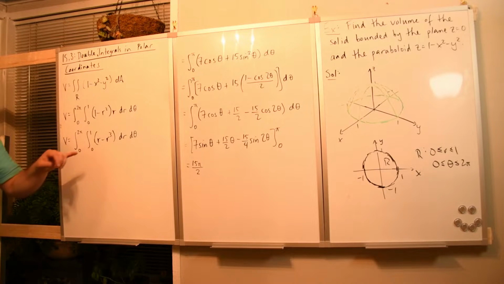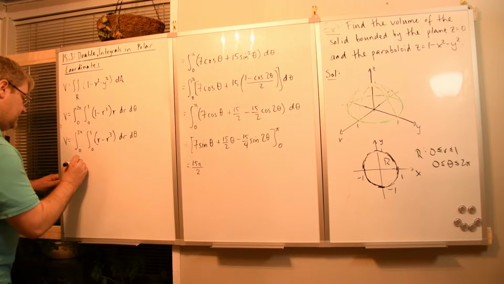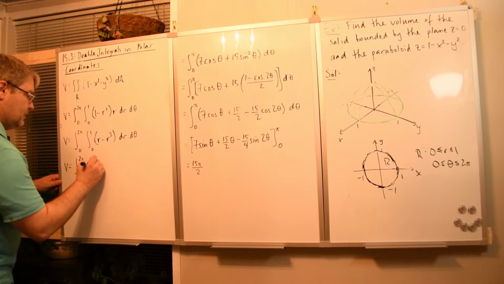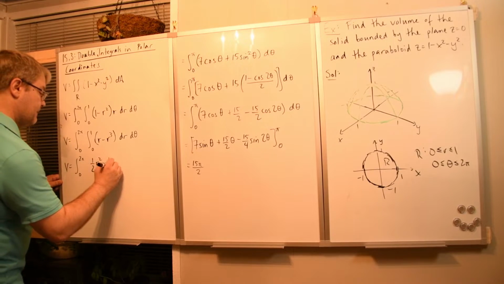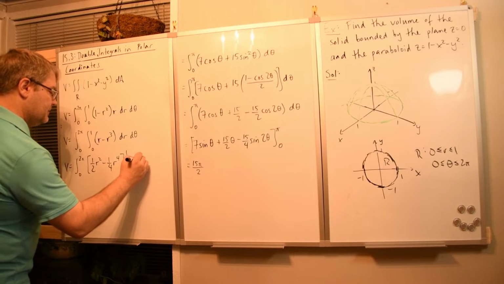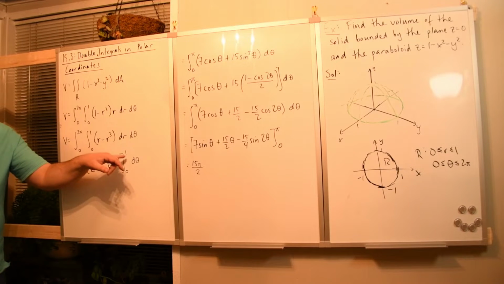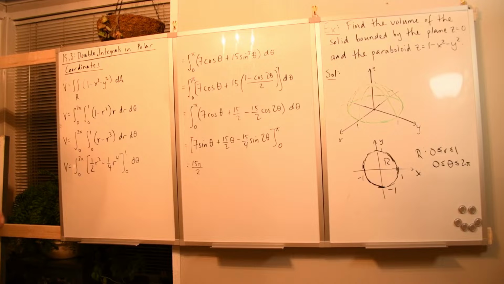And so that's going to give us 1/2 r squared minus 1/4 r to the 4th. Fortunately, our limits of integration, r-wise, are really nice, because we plug in r equals 1 first.